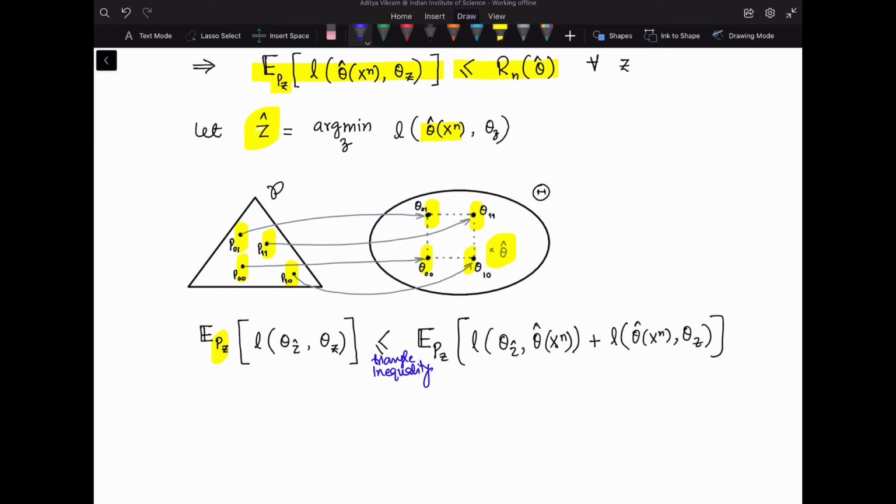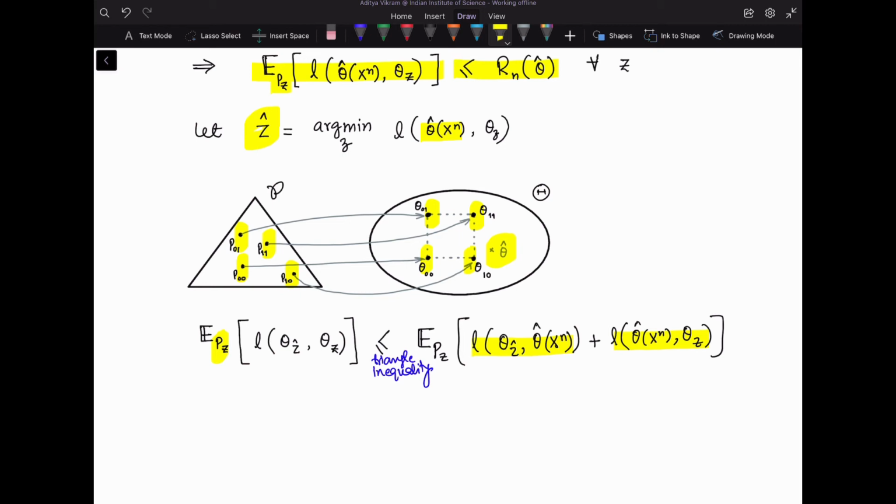Okay, so now observe that this quantity is smaller than this quantity, right? Because the way z hat was defined is z hat for which theta_z hat is closest to theta hat, right?